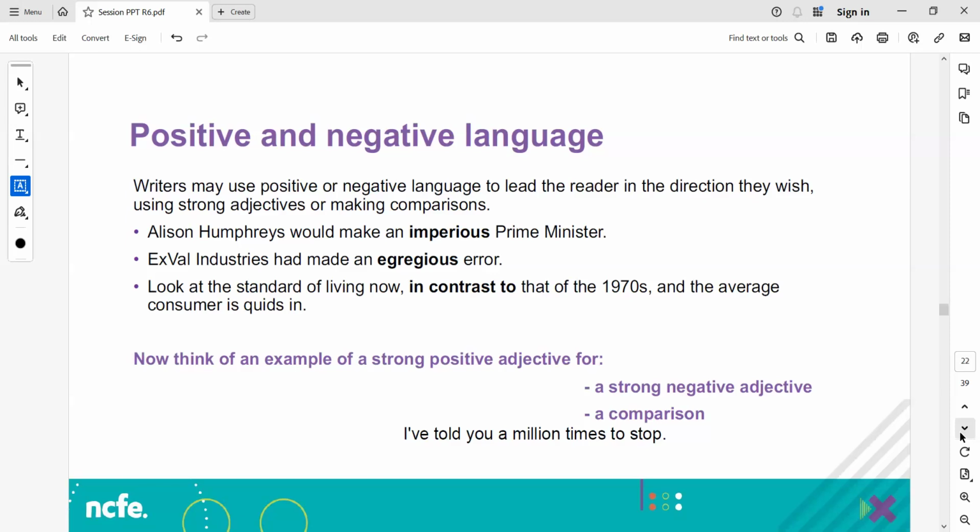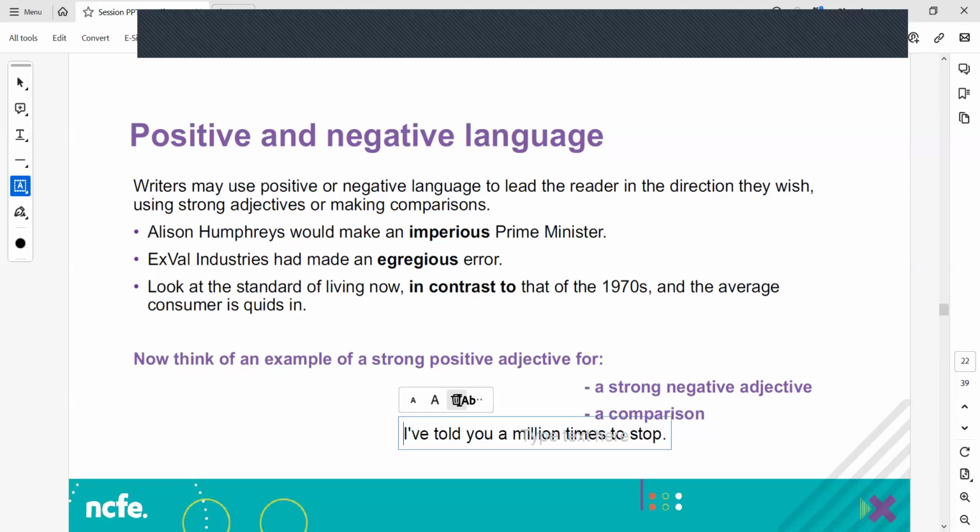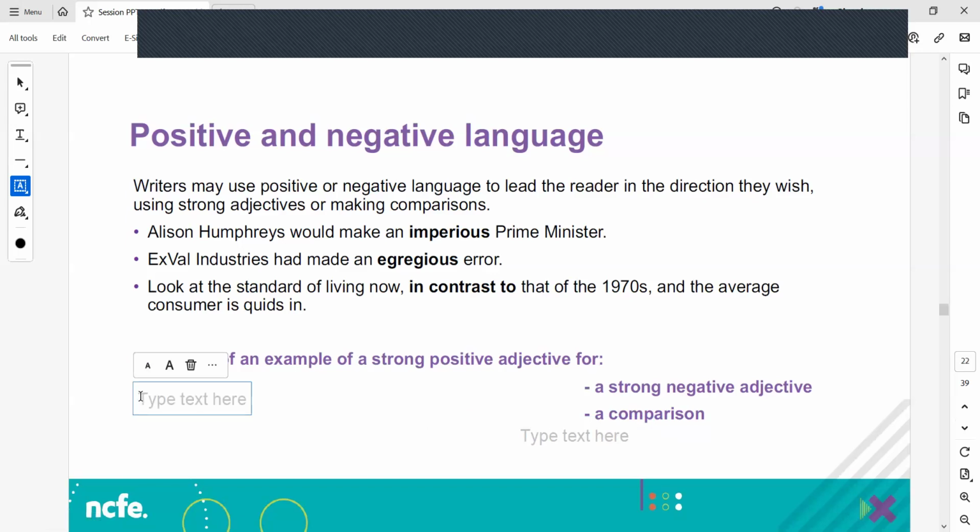So it's negative. An egregious error, a terrible, appalling error. So any questions about that, or you can give me an example. Any examples of positive and negative language? So as here, often it's going to be an adjective.